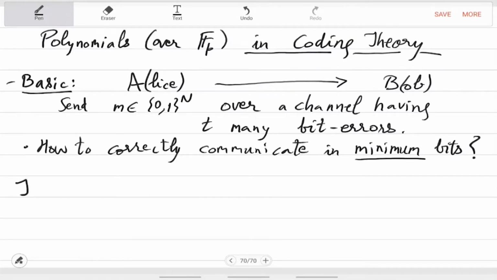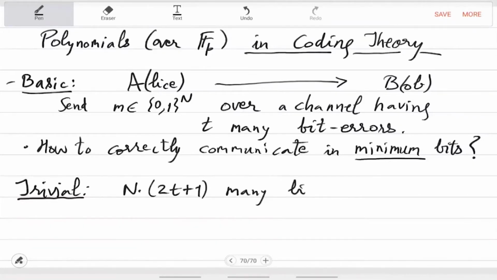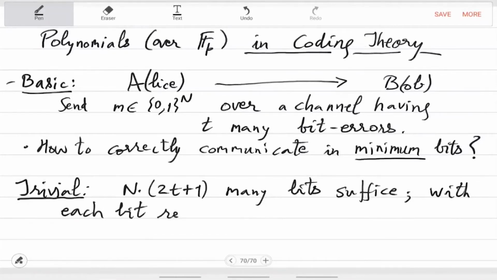So the trivial solution is n times 2t plus 1 many bits, with each bit repeated 2t plus 1 many times.